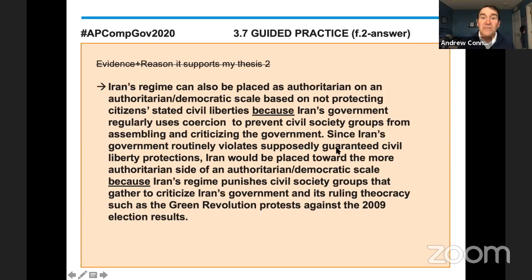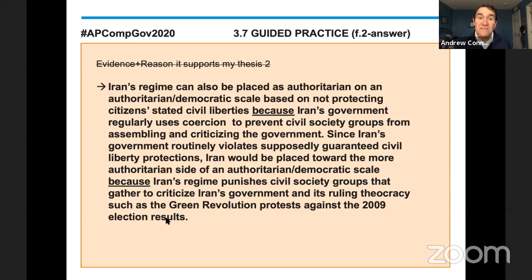Since China's government routinely violates supposedly guaranteed civil liberty protections, Iran would be placed more towards the authoritarian side, because the regime punishes civil society groups that gather to criticize Iran's government and its ruling theocracy. So a country-specific example, theocracy in Iran, such as the Green Revolution protests against the 2009 election results.